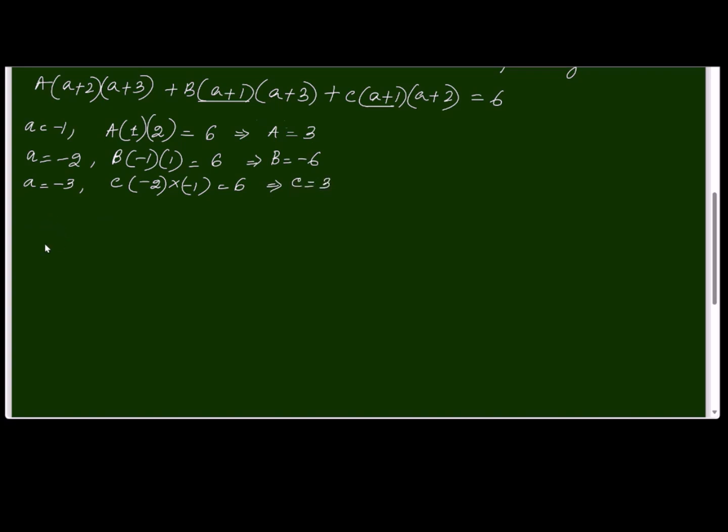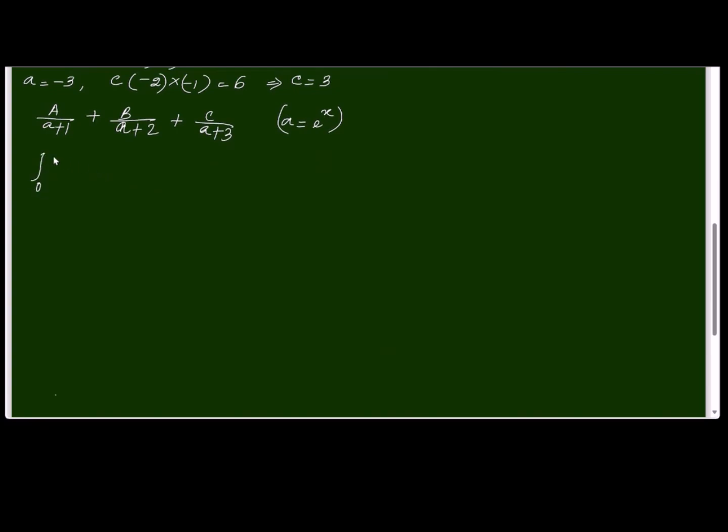So we got the partial fractions A over a plus 1, B over a plus 2, and C over a plus 3, where a equals e to the power x.